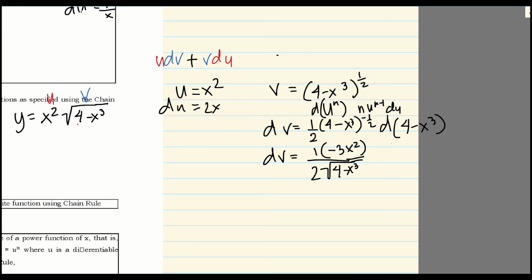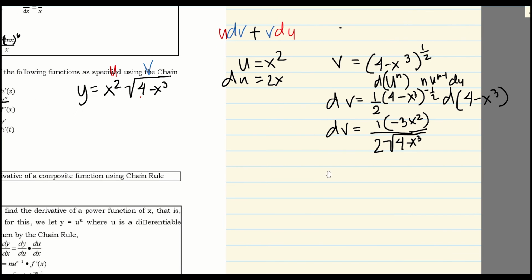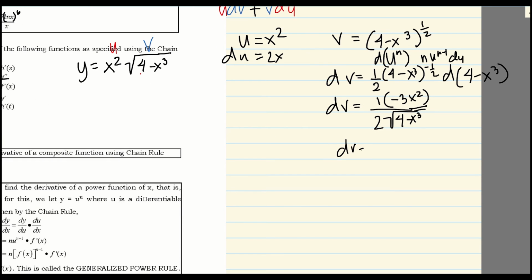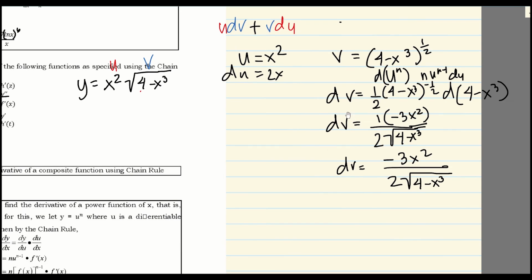You know that already, right? Now we simplify it. dv is equal to negative 3x squared over 2 square root of 4 minus x cubed. Now it's a lot more difficult.